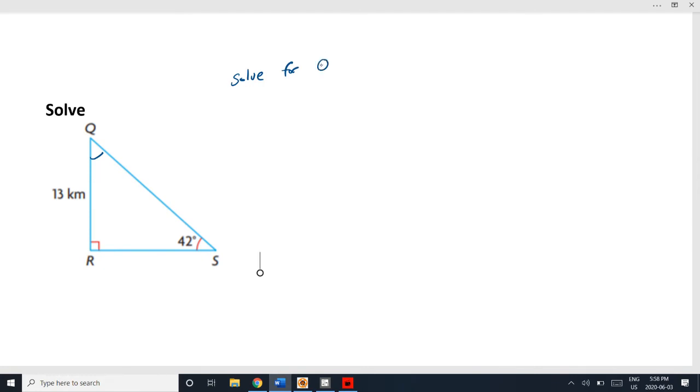For angle Q, remember we're using the big Q for the angles and the lowercase letters for the sides that are opposite those angles. So let's solve for big Q here, the angle. We know altogether 180 degrees for a triangle is equal to R, which is 90 degrees, plus S, which is 42 degrees, plus Q, and that's the only one we don't know.